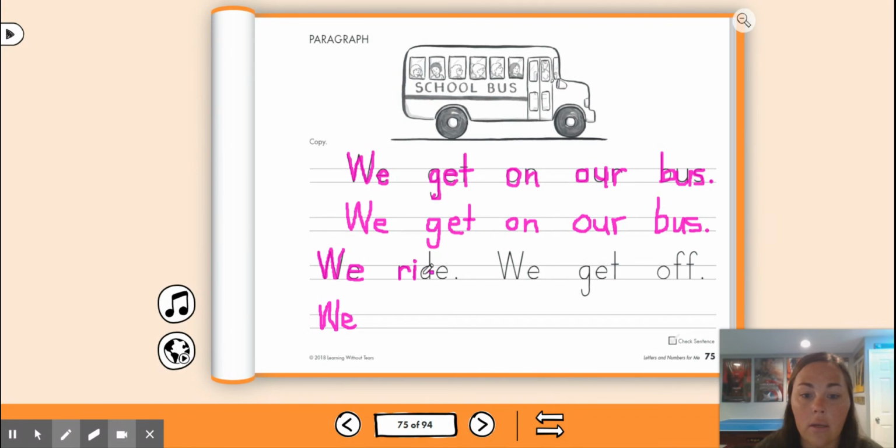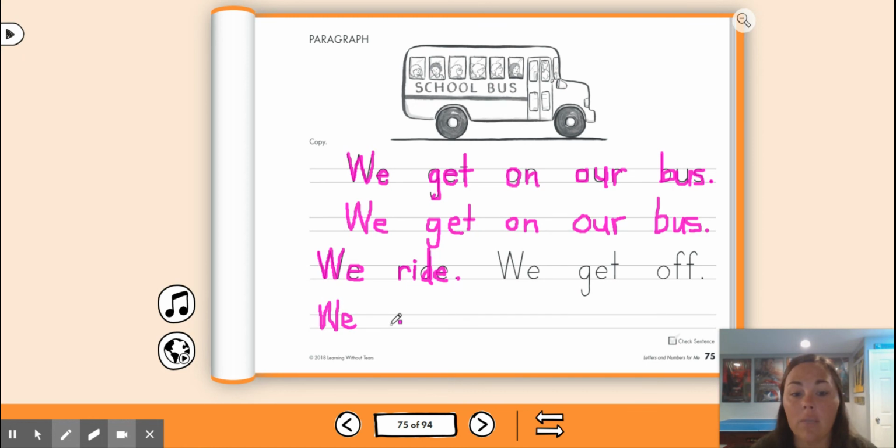I, D, and E. And what do we put at the end? A period. That's the end of our sentence. So we don't wait to put the period at the end of the line over here. We actually put it where the sentence ends. So if the sentence is we ride, then we put it right next to the word that it ends with, ride.